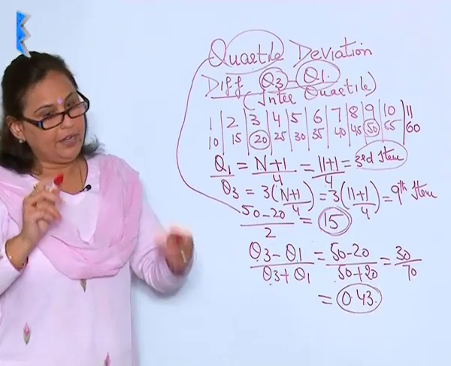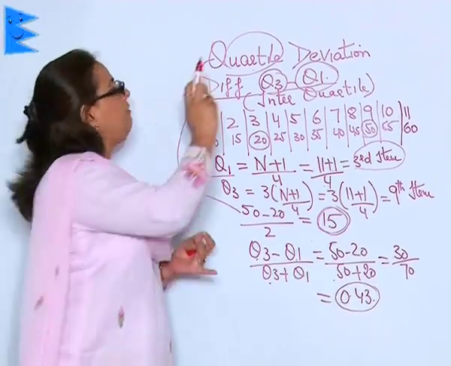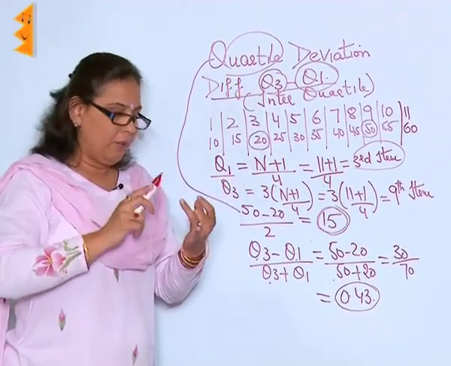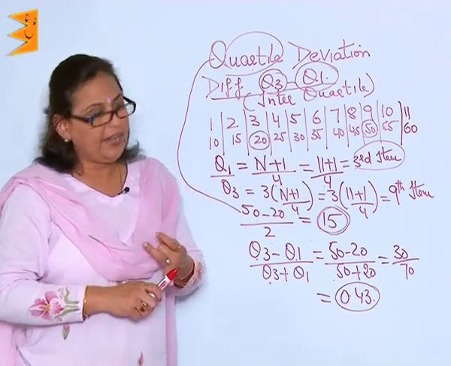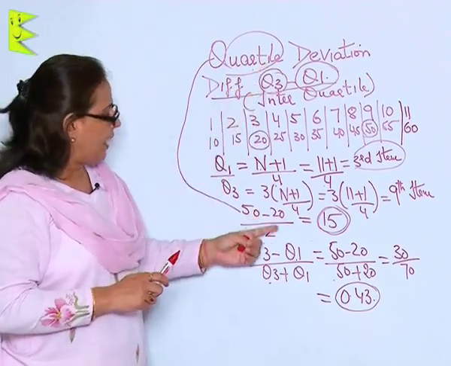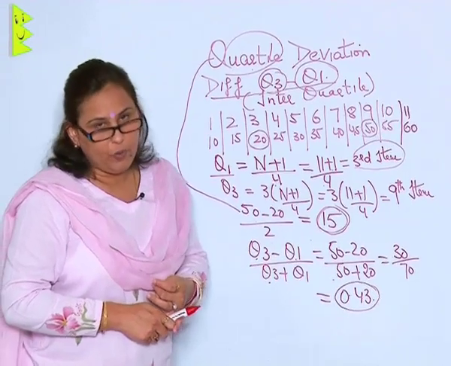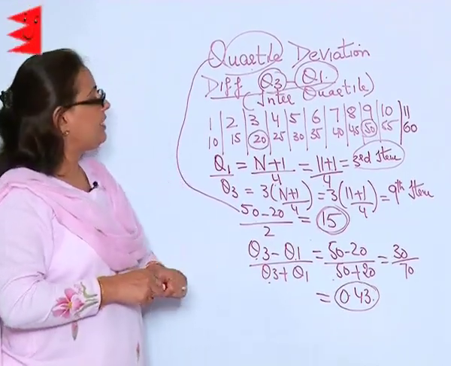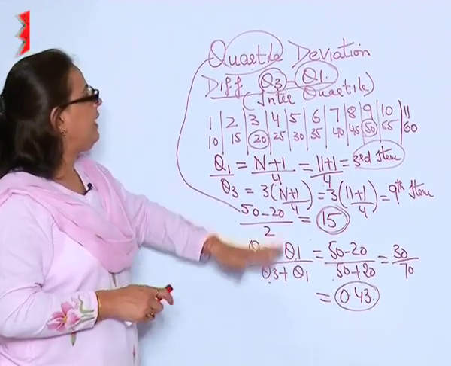So, you have learnt the range and you have learned the quartile deviation, both the coefficient of range and the quartile deviation and the coefficient of quartile deviation. You just need to learn the formula properly.